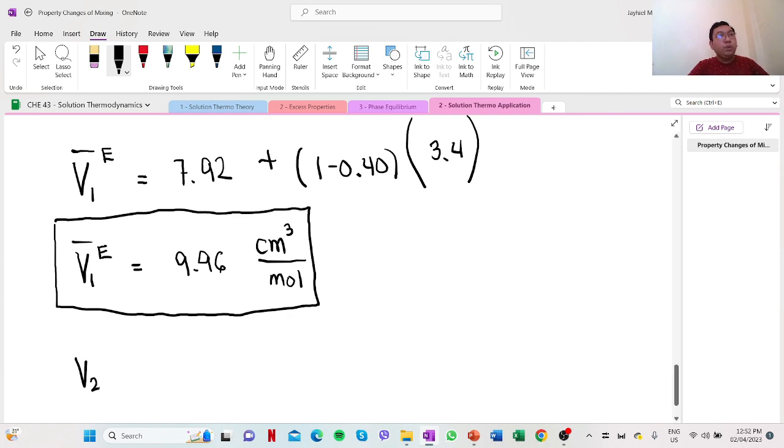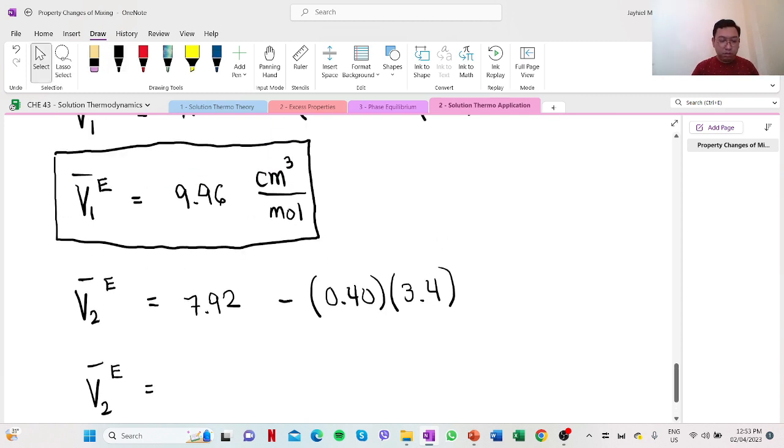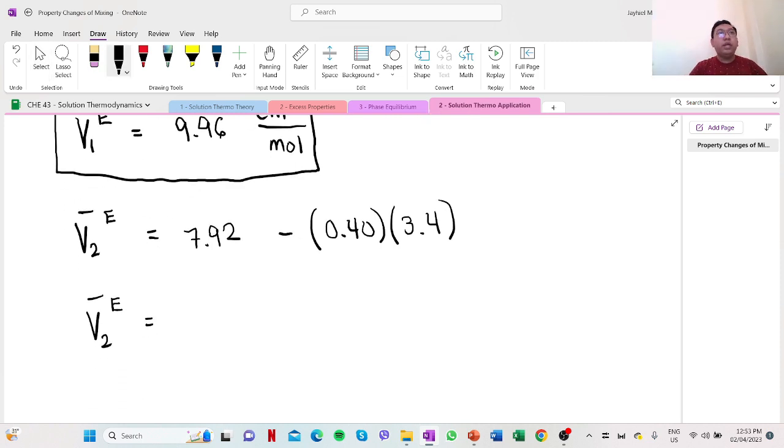For V2, that will be 7.92 minus 0.40 times 3.4, so 6.50.